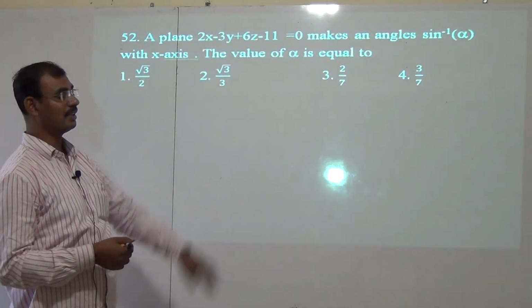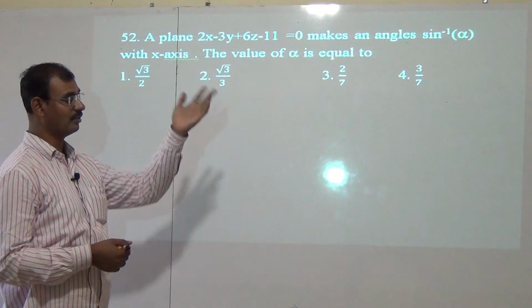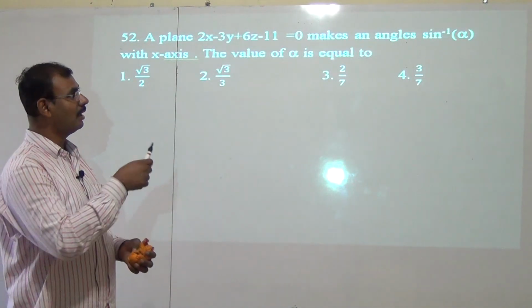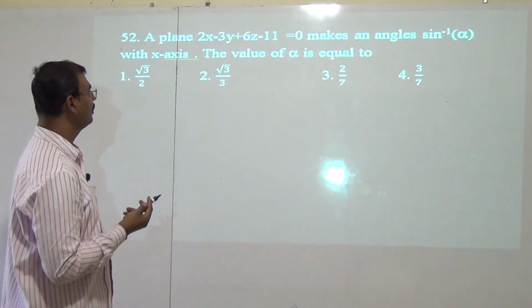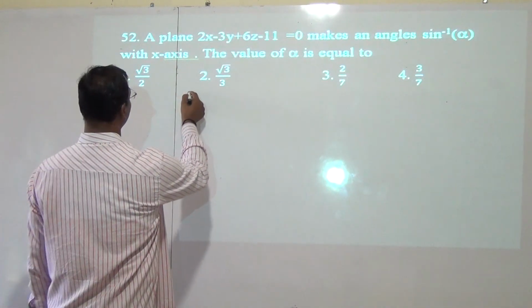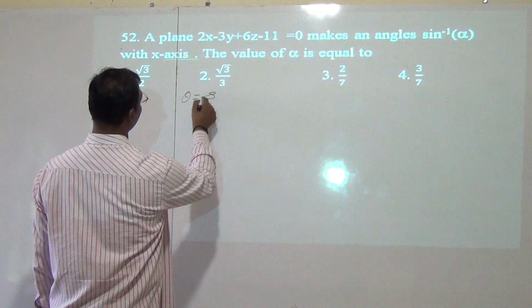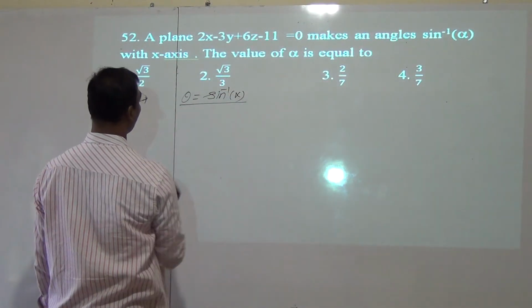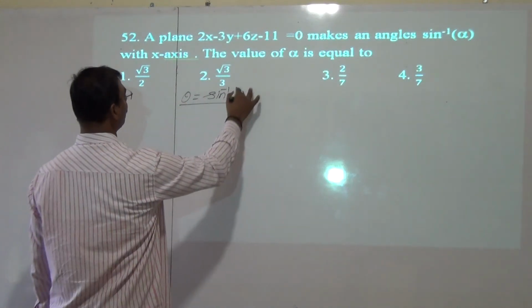Alpha angle is given, theta is equal to sine inverse alpha. What is the value of alpha? So we have to find out the alpha value.